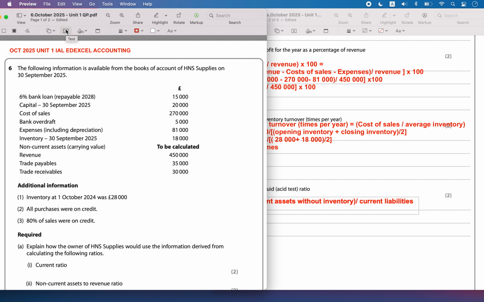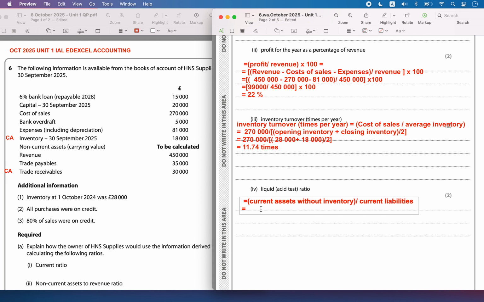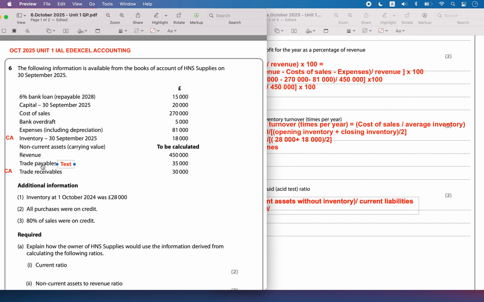So let's see what the current assets are. One is the inventory, and the other current asset is trade receivables. But we should not include the inventory, so we include only the trade receivables, 30,000, divided by current liabilities. The current liabilities are trade payables and a bank overdraft.